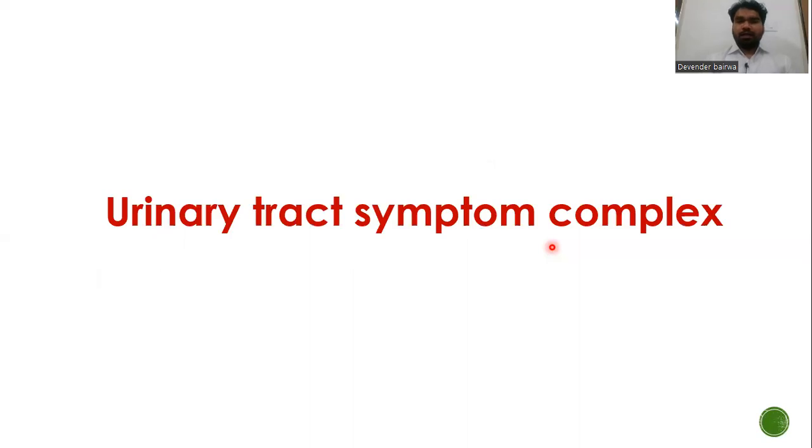So let's start. We will start first with the basic understanding of urinary tract symptom complexes. Now understand that our body has kidneys. There are two kidneys. First, let's understand what the urinary tract is. We have two kidneys, then the ureter, then the bladder, and then the urethra. Roughly 20 to 25% of cardiac output goes towards the kidney.